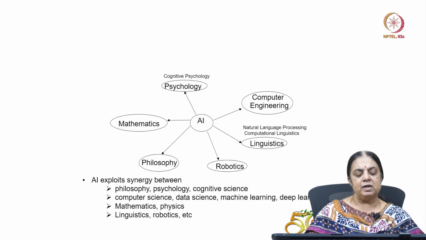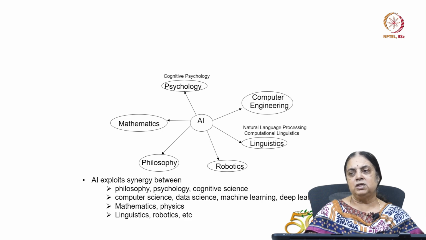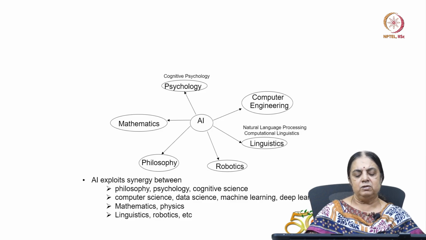And of course, things like linguistics, when you do natural language processing, and robotics, where you have the machine moving from one place to another, carrying out tasks, etc. So all these areas come under AI. These are something like the parent disciplines of AI.